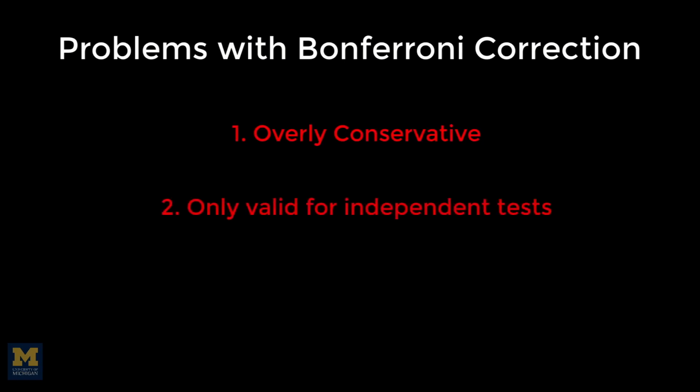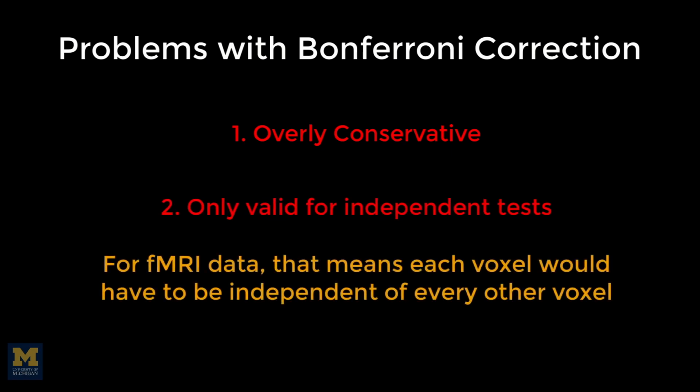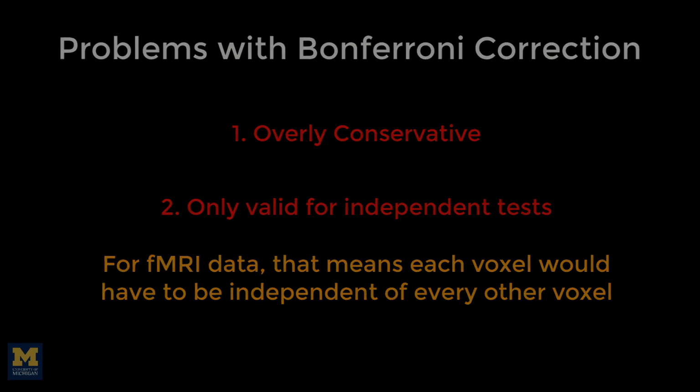Although Bonferroni correction will ensure that your false positive rate is no higher than 5%, it's also a very conservative test. Bonferroni correction is valid only when each test is independent. To take our fMRI dataset again as an example, that would mean each voxel is completely independent of every other voxel in the brain. Knowing the value of one voxel doesn't tell you anything about any other voxel.